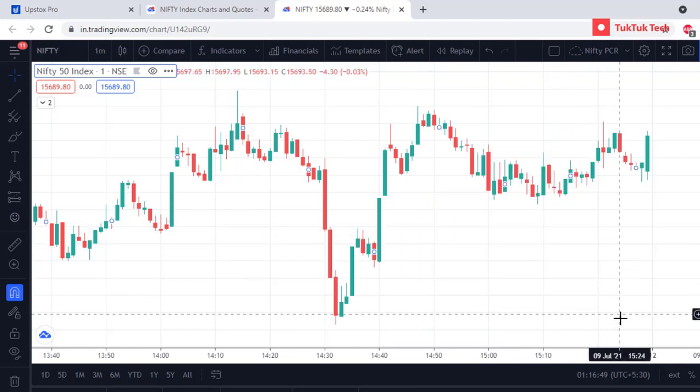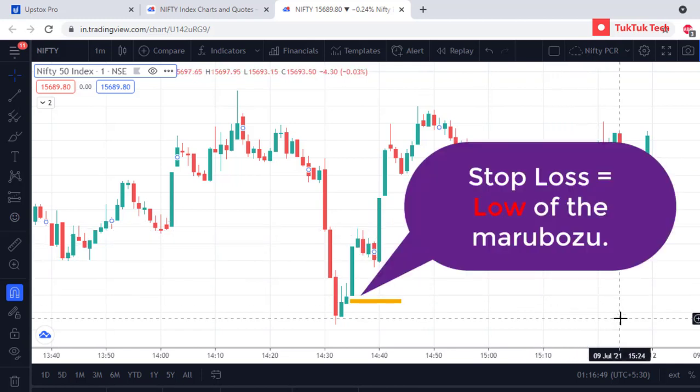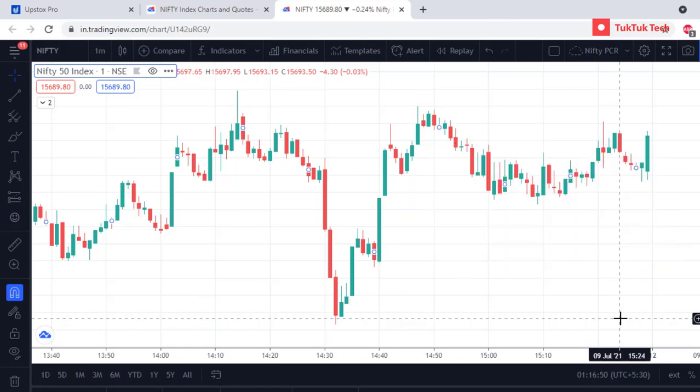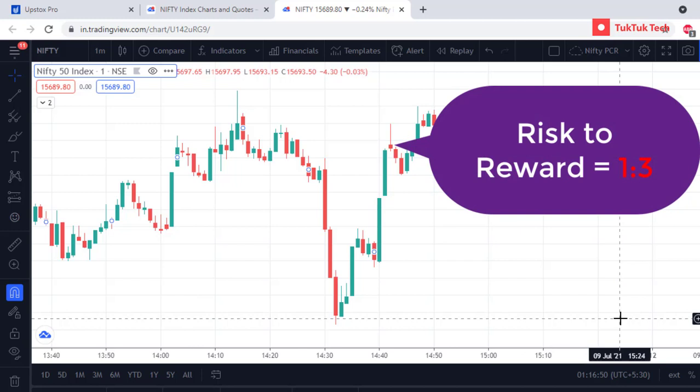If the markets move in the opposite direction, you should exit the stock if price breaches the low of the Marubozu. And your profits should be always higher than 1 to 3.